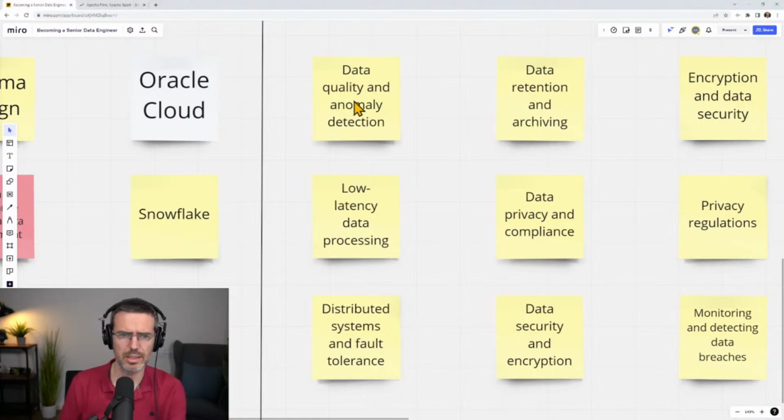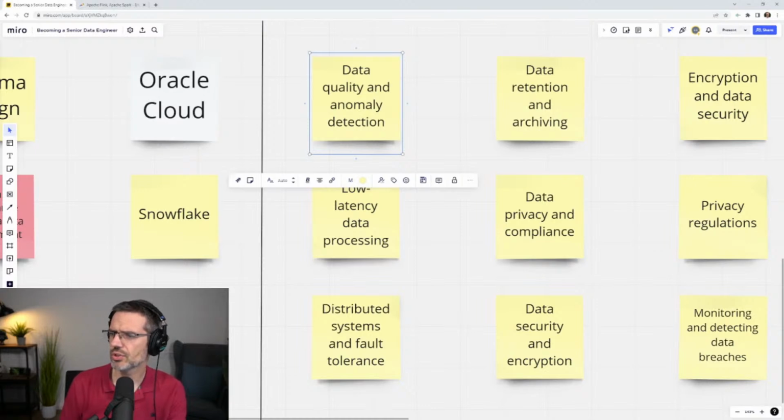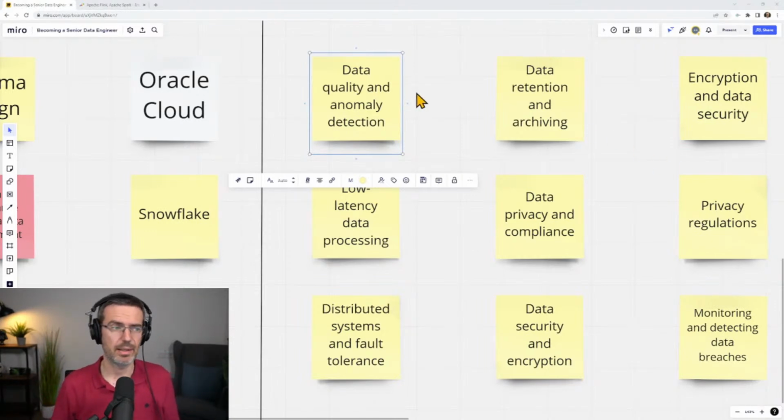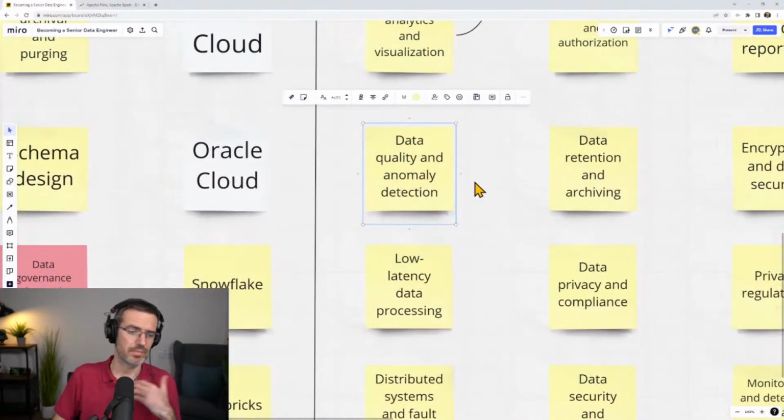Data quality and anomaly detection. A senior data engineer should have experience in designing and implementing data quality and anomaly detection techniques to ensure accuracy and consistency of streaming data. That's actually a really big problem that we have as engineers. A lot of the time, data is coming into the pipeline, it's getting processed through, but there are no checks for the quality and you don't get notified if there's an anomaly, which is super, super dangerous, right?